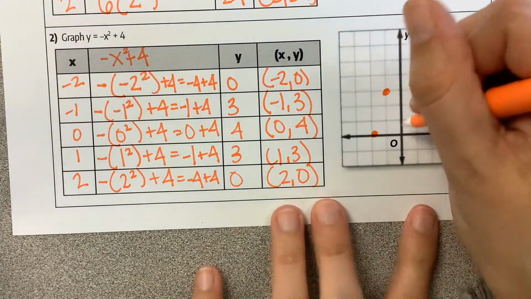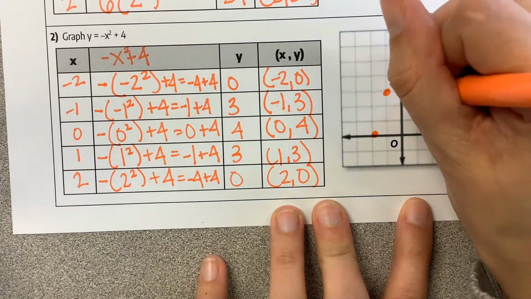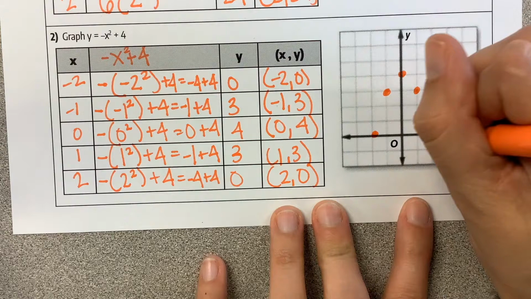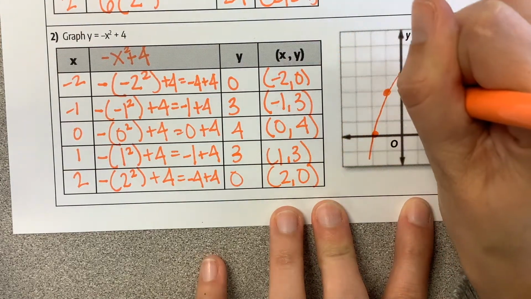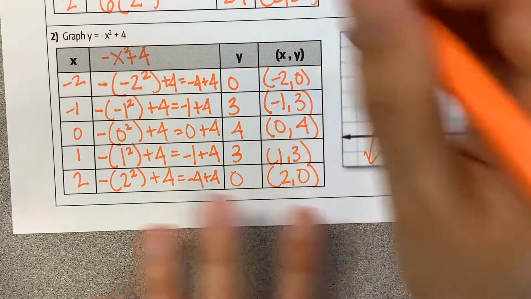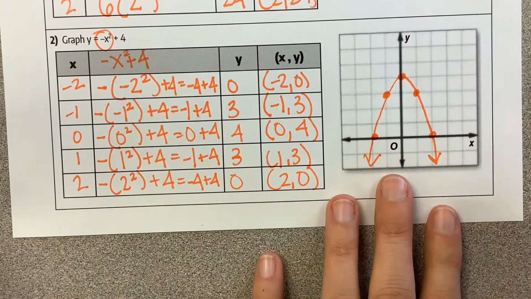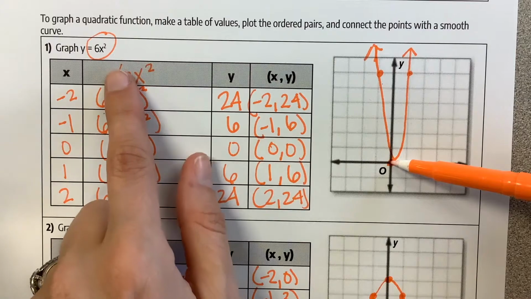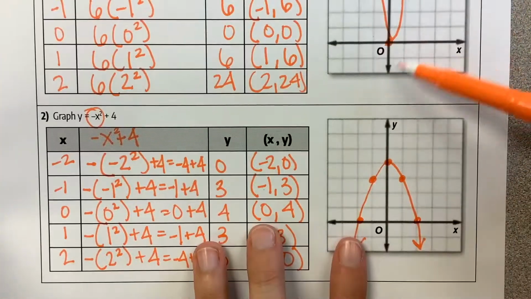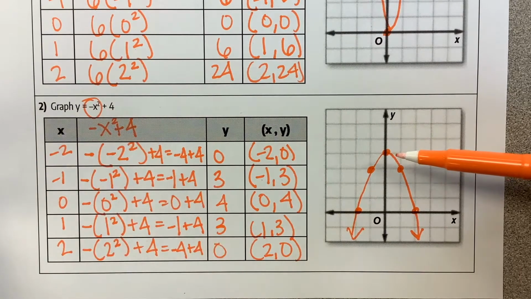We've got 0, 4. 1, 3, and 2, 0. And you should see that U shape. This time it's going down because we had a -x squared. Over here, the vertex was at the origin because there was nothing added or subtracted. This one, our vertex is at +4 because we were adding 4.